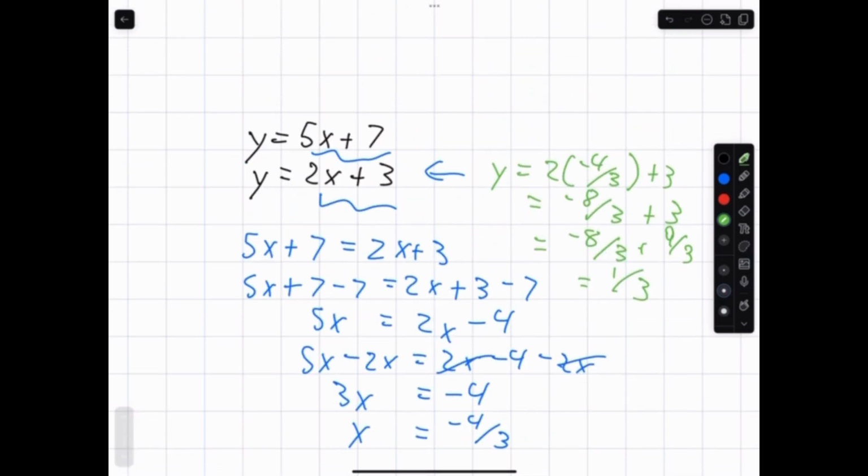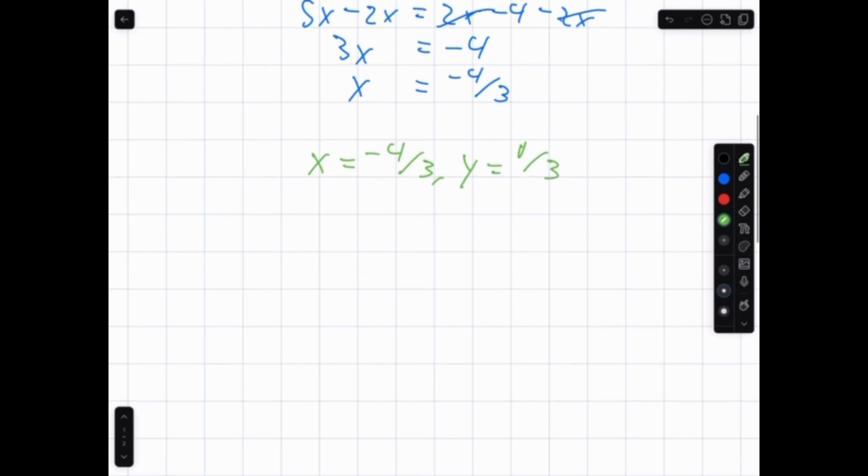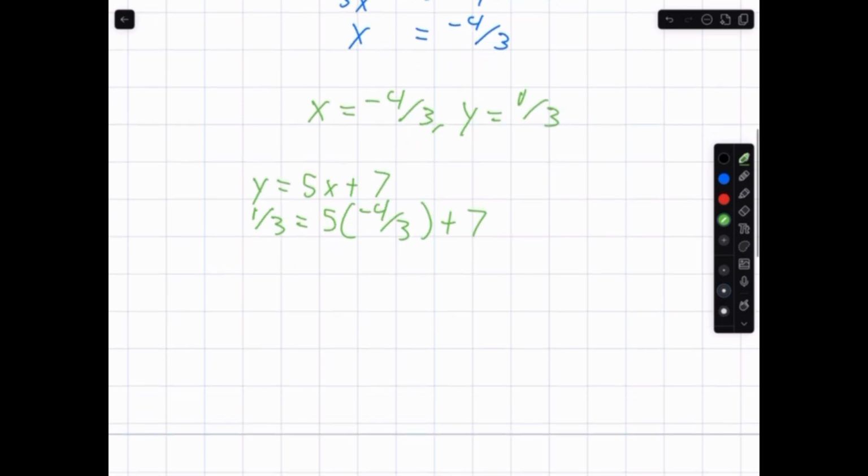We can double check with the first equation as well, 5x plus 7. We can say y is equal to 5x plus 7. Then y, which is 1 over 3, equals 5 times negative 4 over 3 plus 7.